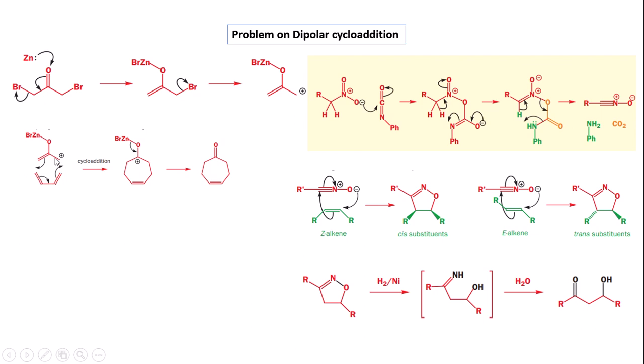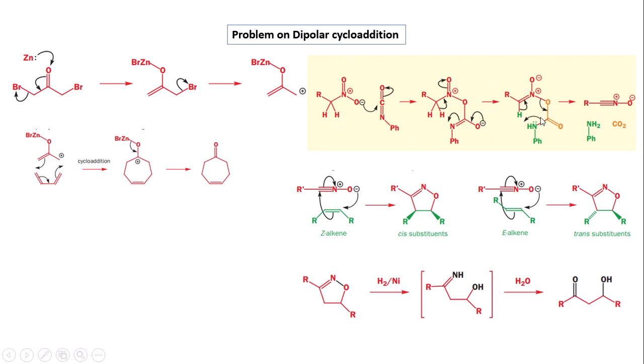The 4+2 cycloaddition means this is the 2 pi electron component, and this is the 4 pi electron component. This is one type of dipolar cycloaddition reaction to get the desired cyclic ketone compounds.